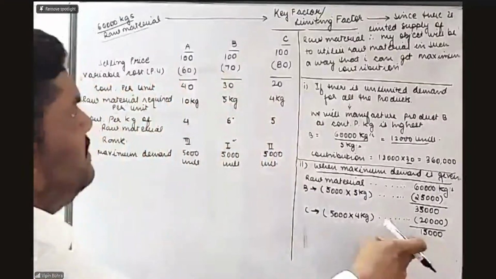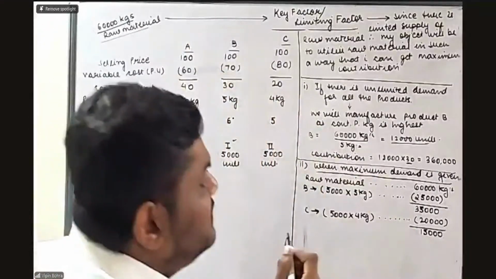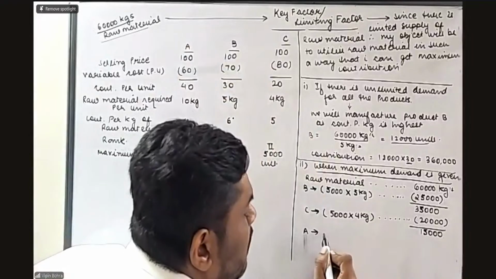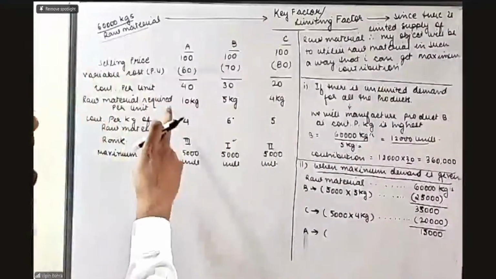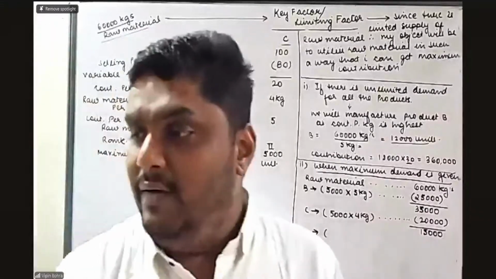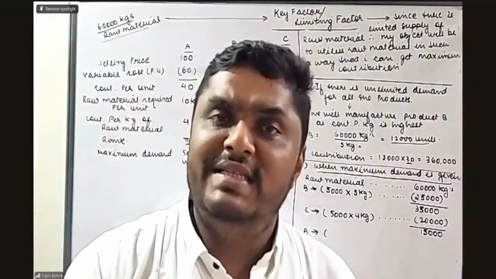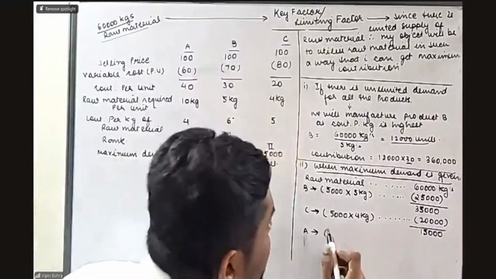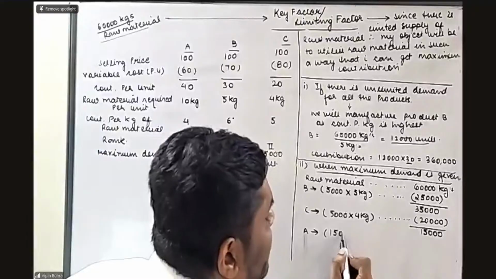So these 15,000 kgs will be utilized to manufacture product A. One unit requires 10 kgs and we have overall 15,000 kgs in hand. So it means 1,500 units will be manufactured for product A.